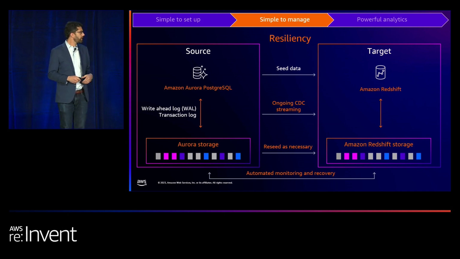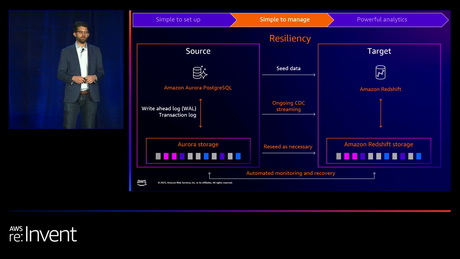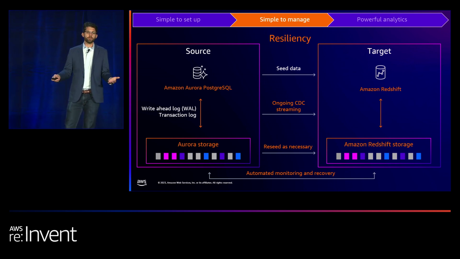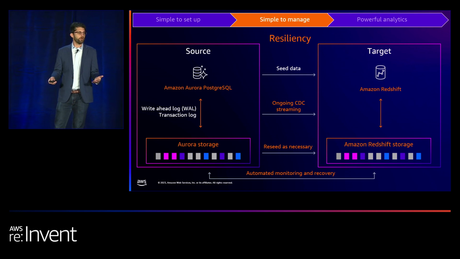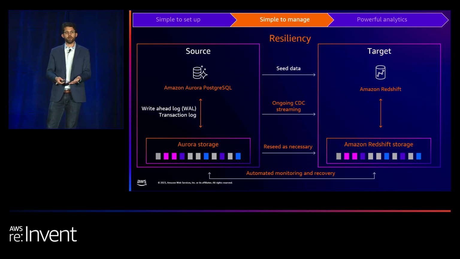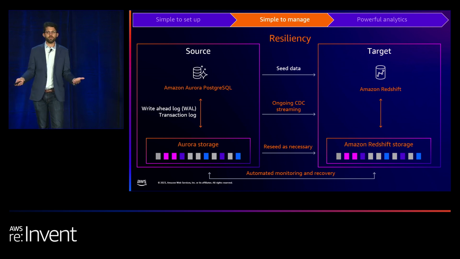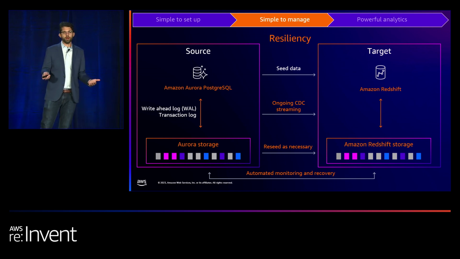So first, on the Aurora Postgres side, you can create multiple read replicas of your Aurora Postgres database, and they are all connected down to the same storage layer. And so if something happens to one of those instances, you can seamlessly fail over to a read replica.